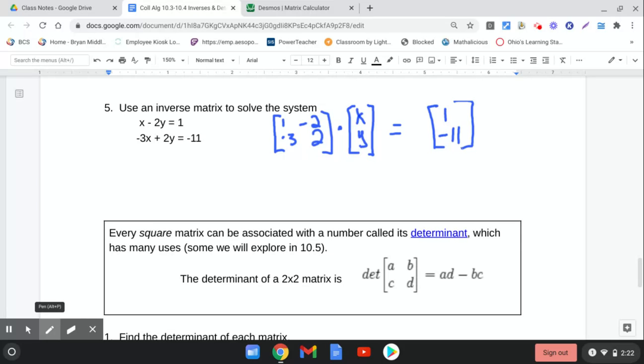And what I would like to do is solve this for x, y. I would like to get this x, y matrix by itself, which means I need to get rid of this thing. Now, there's no such thing as matrix division, so it's not like I can just say, oh yeah, I'm just going to divide both sides by that matrix. That's not a thing.